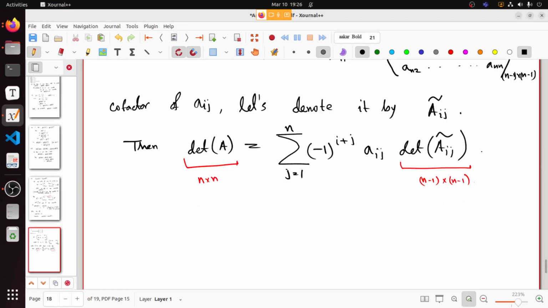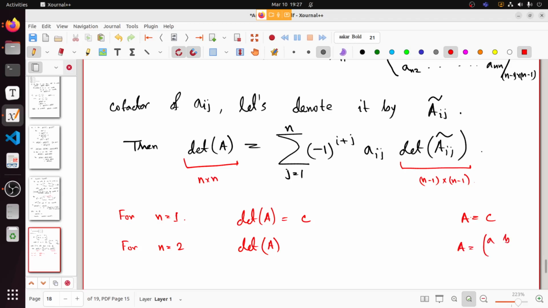For n equals 1, the determinant of A is the number C. Suppose A is C, then the determinant of A is this C. For n equals 2, suppose A is the matrix with entries A, B, C, D. You take A, and the cofactor of A is D, right?